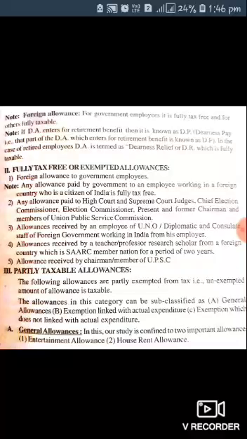Now let's see the third type, that is partly taxable allowances. Partly taxable allowances means a limited amount is exempted, and if there is any amount beyond the limit, that is taxable.